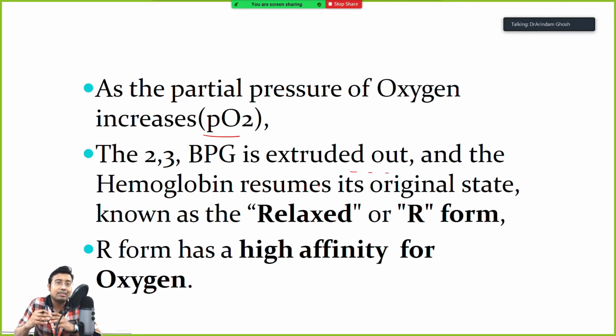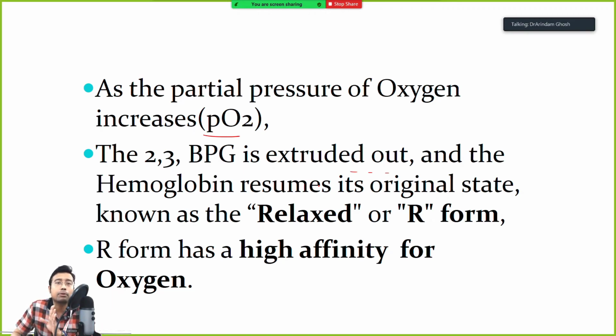Remember, the original state at which hemoglobin is tension free is the relaxed form. Whenever something bends, it becomes the taut form, and salt bridges are formed. So bending creates a lot of tension. The taut form is an unnatural form. So hemoglobin always prefers to be oxygenated. This is a very important concept.